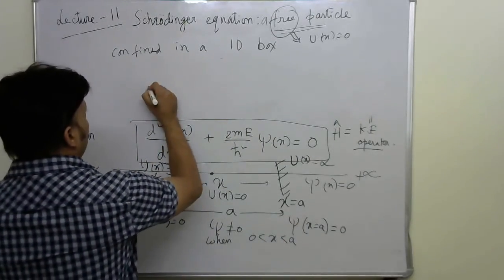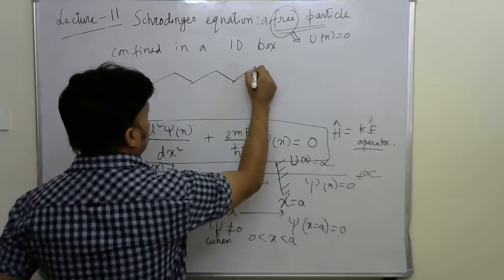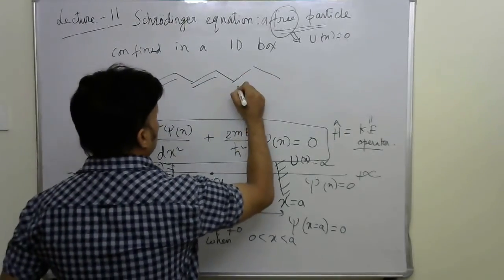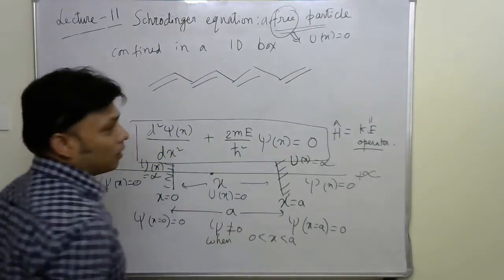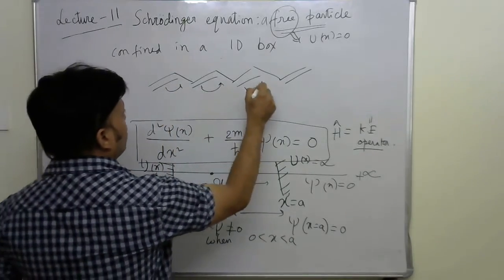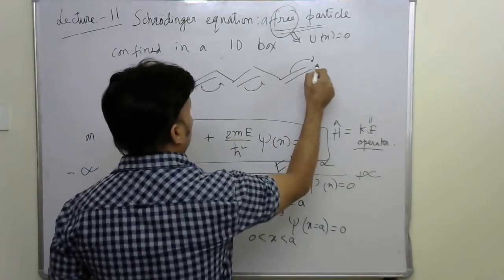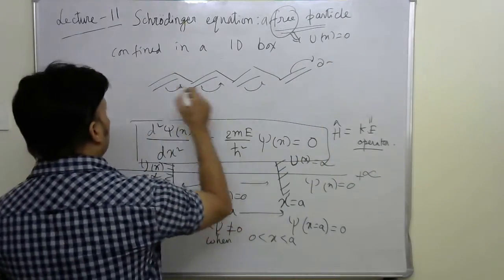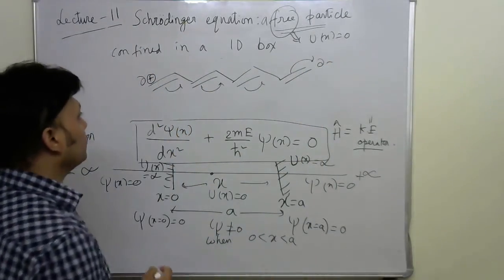A practical example: you have heard about or read about the conjugated system in chemistry. Here you see the pi electrons can resonate. Here we can have a delta negative charge and here a delta positive charge.